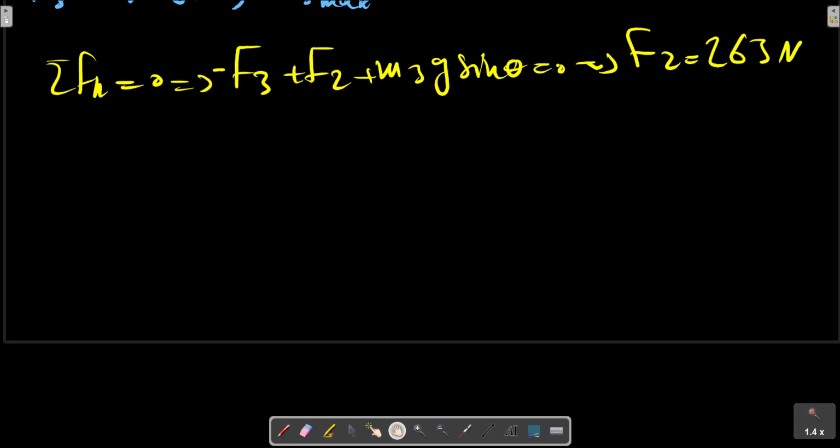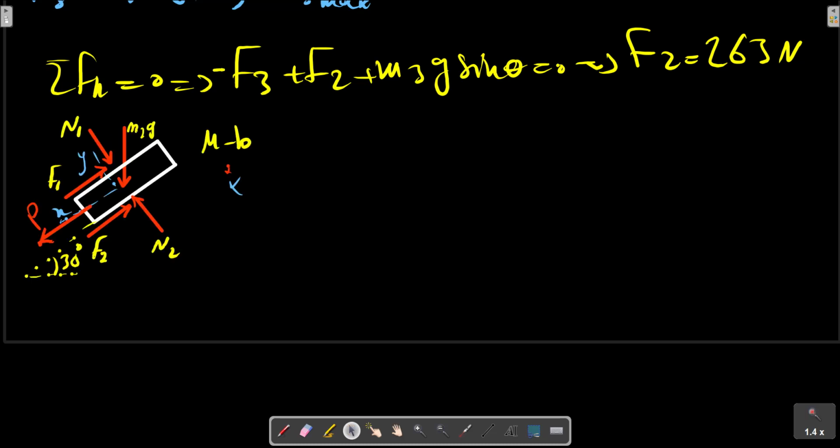With this F2, we are going to use this force in the free body diagram of the 50 kilogram block. Consider this picture. With this picture, F2 calculated.